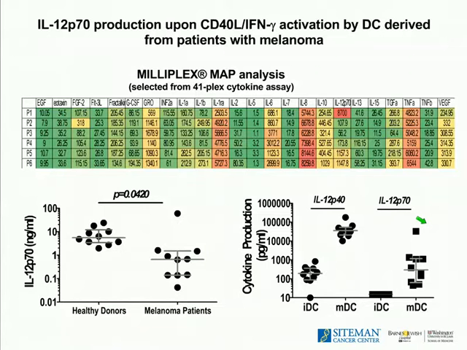However, when you look at P70, which is a reflection of P35, you can see that the production is much lower and that the median and the 25 and 75 percentile is much broader, meaning that there is a reduced induction of P35 in some of the patients. So it looks from this data that the defect is at the level of P35 production.